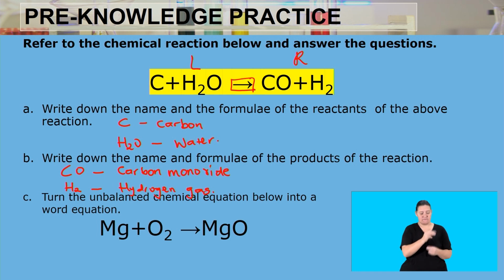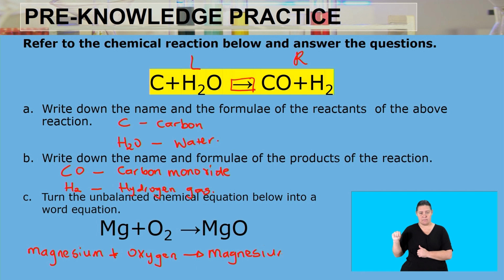We have magnesium as our Mg, reacting with oxygen, reacting to form magnesium oxide. So this is our word equation for this unbalanced chemical equation.